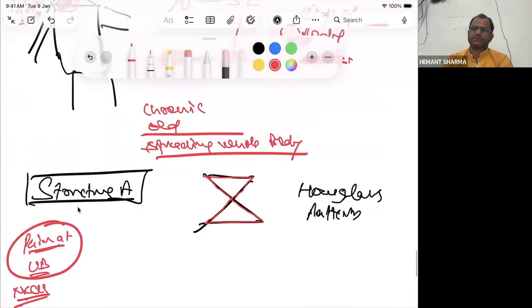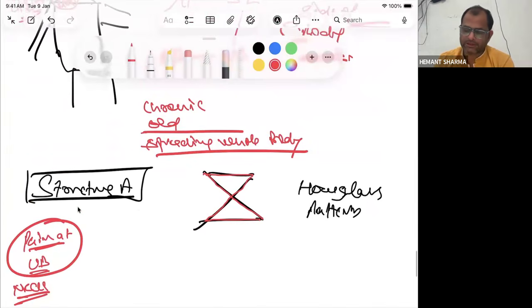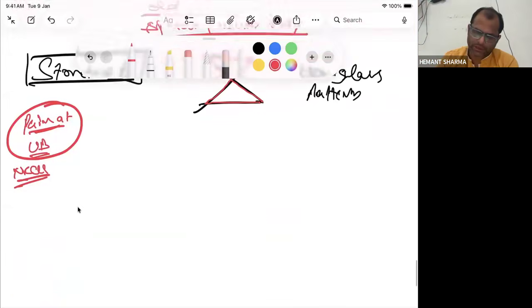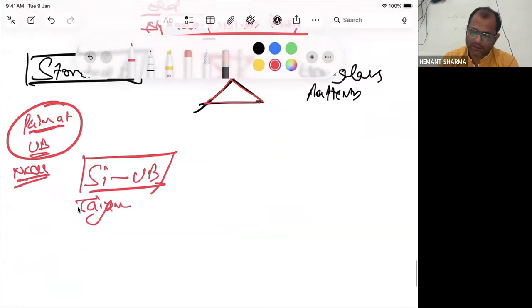Let's see. There are many possibilities, but I am thinking of a very simple way. SI can treat it. Am I right or not? Because SI and UB both belong to the Tai Yang family. Any problem in the UB can be treated by SI, and any problem in the SI meridian can be treated by UB.